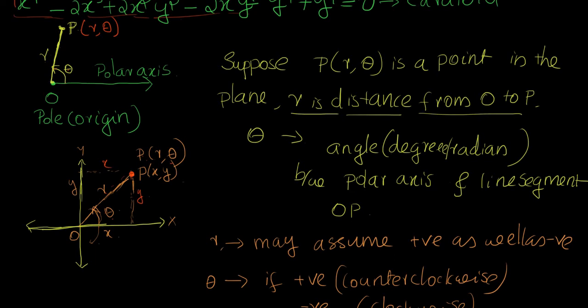Theta is the angle, measured in degrees or radians, between the polar axis and the line segment. r may be positive as well as negative. Similarly, theta can be positive or negative.